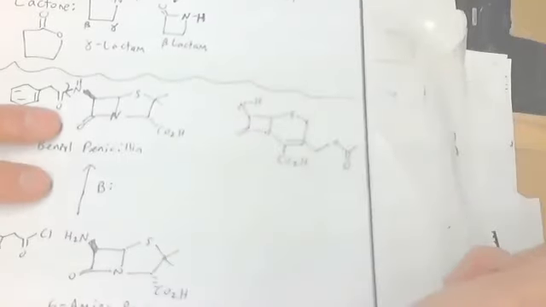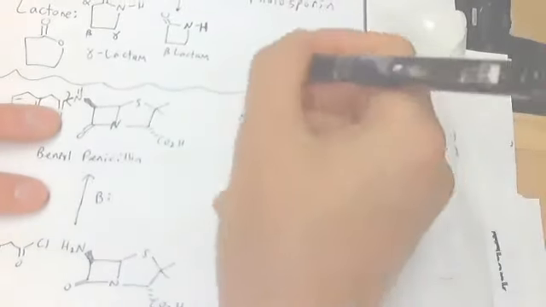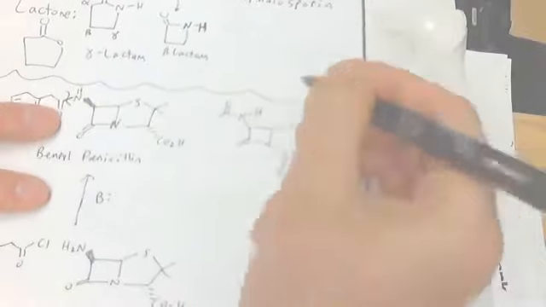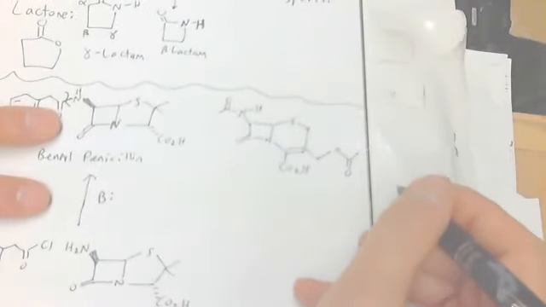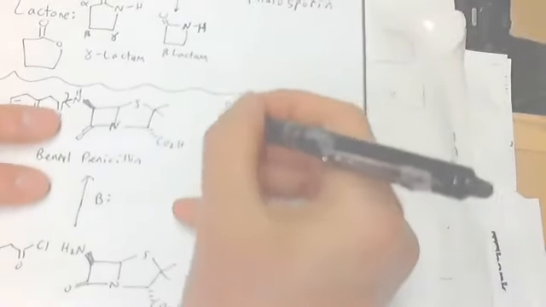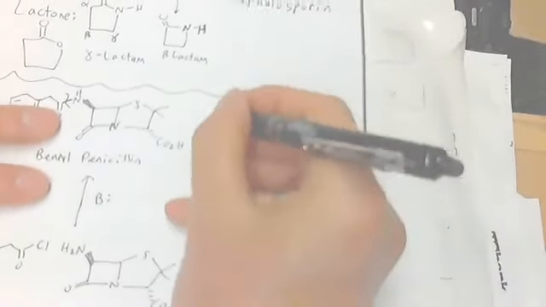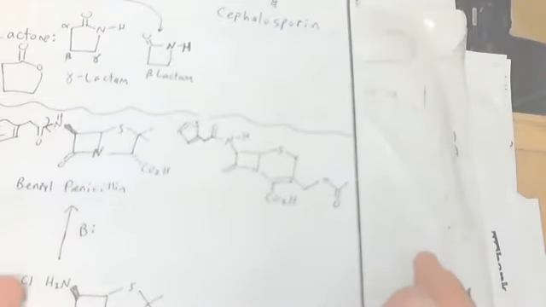Nitrogen. Amide. This is an example. That's a sulfur up top here. Okay, and this molecule is called Cephalodin.